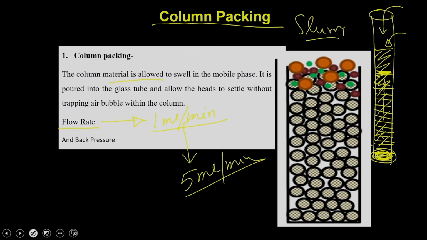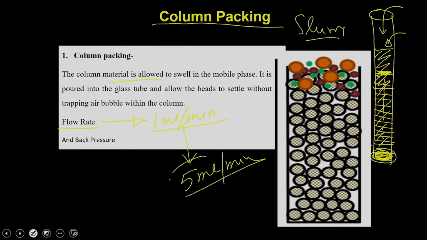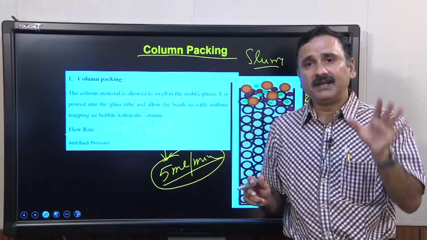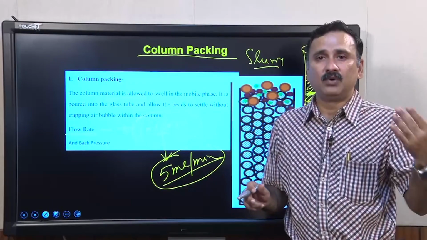So, if I connect this column to a peristaltic pump or any pump, so that there is a flow of liquid, I will do the packing at 5 ml per minute, and then I can operate this column at 1 ml per minute maximally, because that is the back pressure this column can withstand.